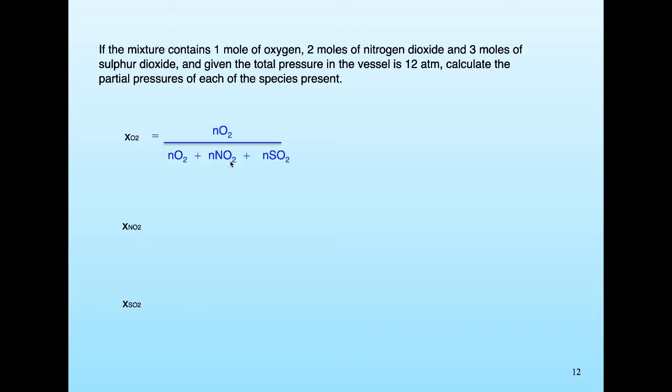The number of moles of oxygen over the total number of moles, which in this case is 1 over 6, 1 plus 2 plus 3. The partial pressure of the oxygen is going to be the mole fraction of the oxygen times the total pressure, which is straightforward, isn't it? 1/6 times 12 is 2 atmospheres. Take a few minutes to do the same for the other 2 gases in the mixture.